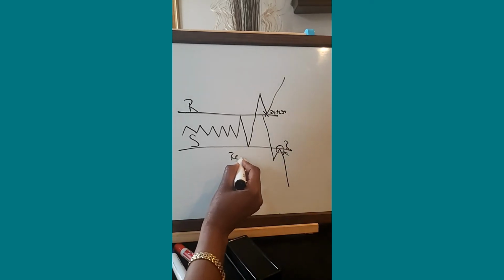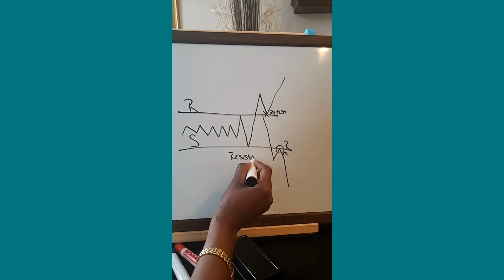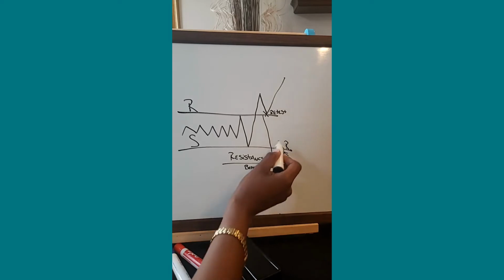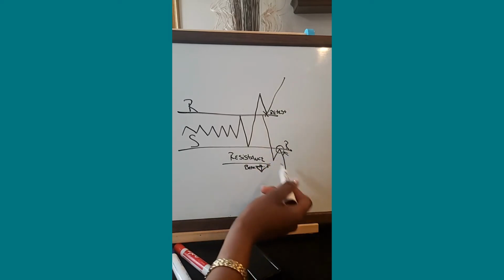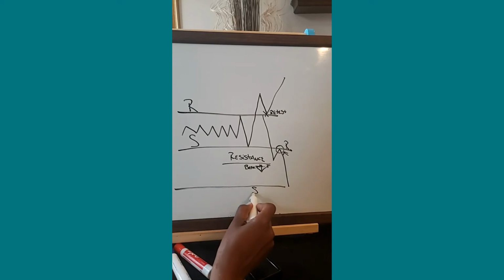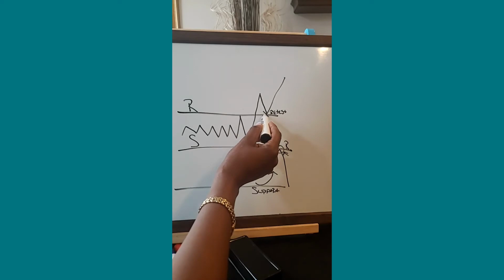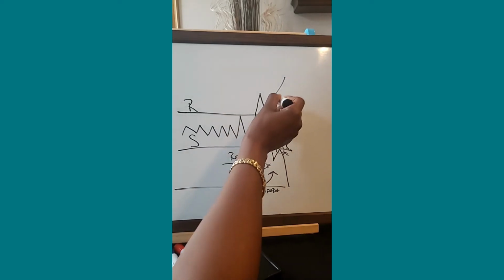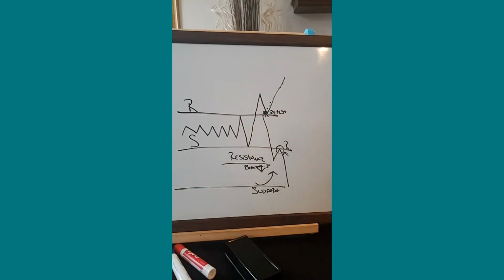Resistance is when you have price beneath it, meaning you're going to sell, right? And support, that's where we buy, and price is above it. So if price moves above that resistance, then that is now support.